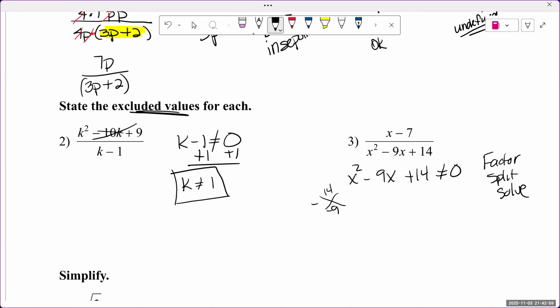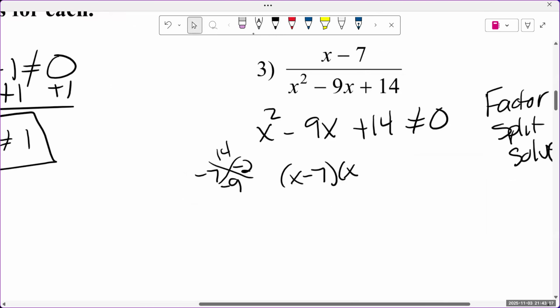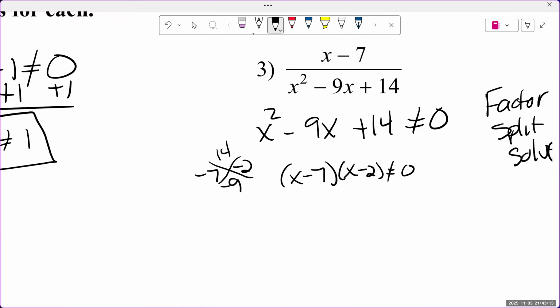So that's negative 7 and negative 2. So we have x minus 7 and x minus 2 cannot be 0. These are one-step equations. x cannot be positive 7 or positive 2.